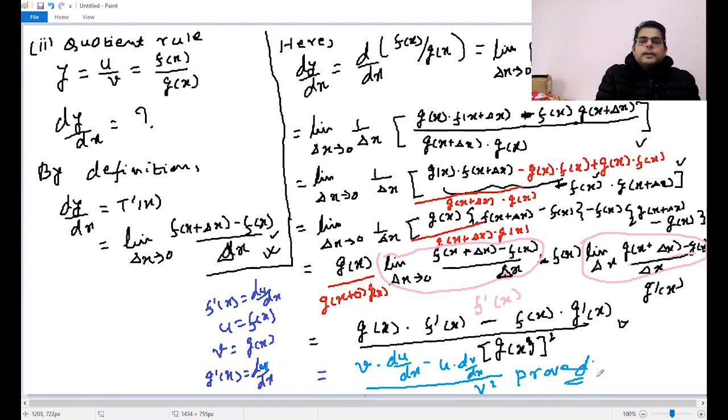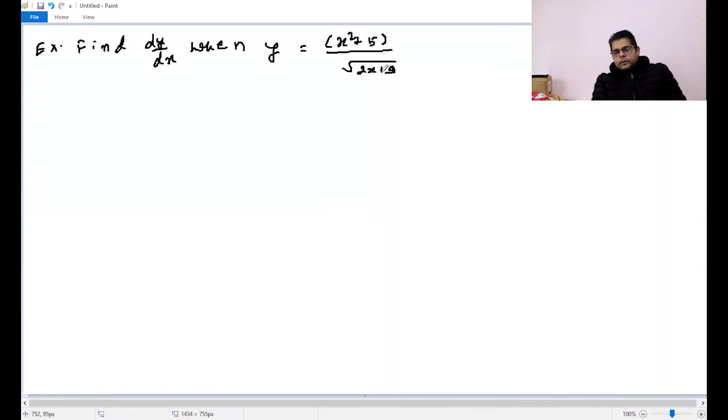Now let's do an example where this quotient rule is applicable. So let's now apply the quotient rule in a problem. For example, if y is given in the form of a quotient, in the form of a fraction, then the quotient rule is applicable.